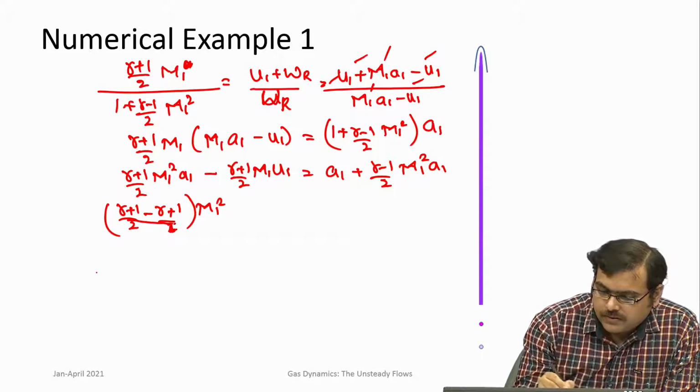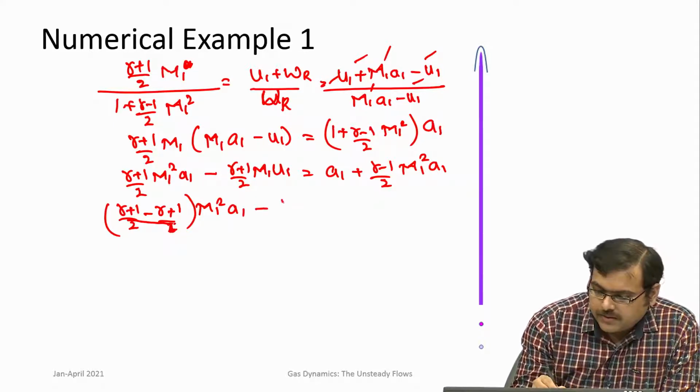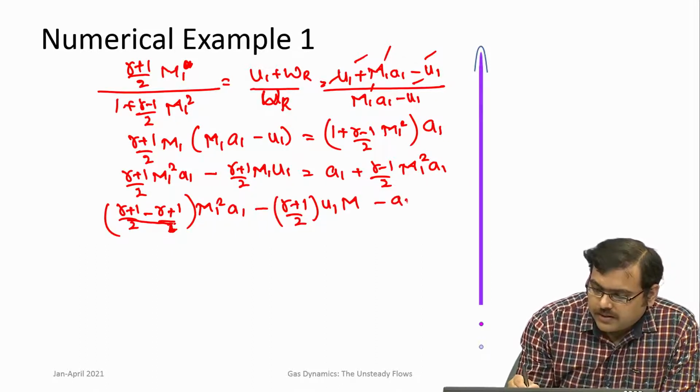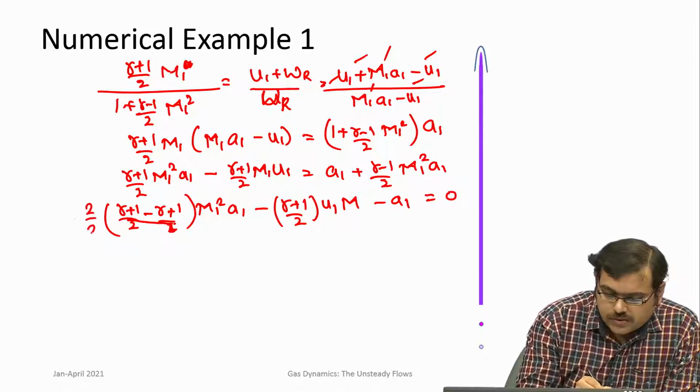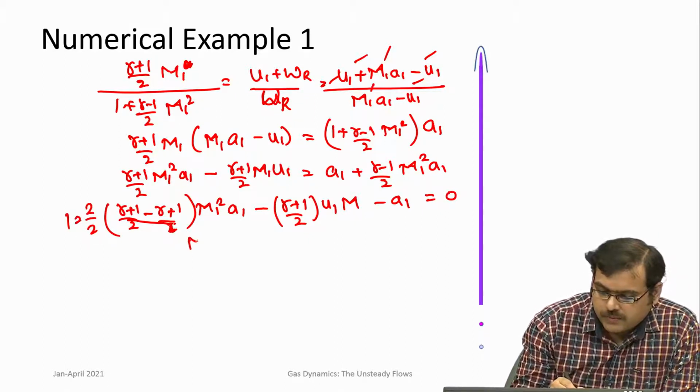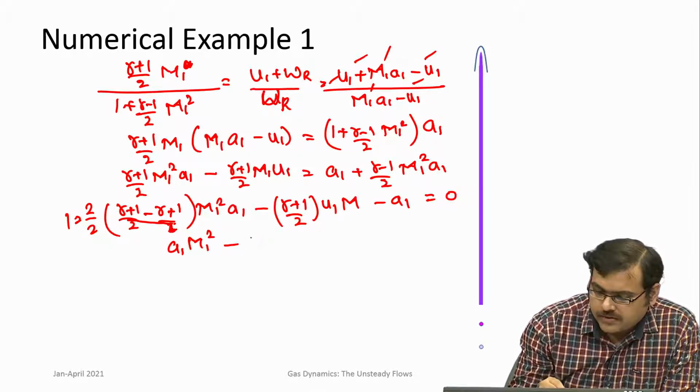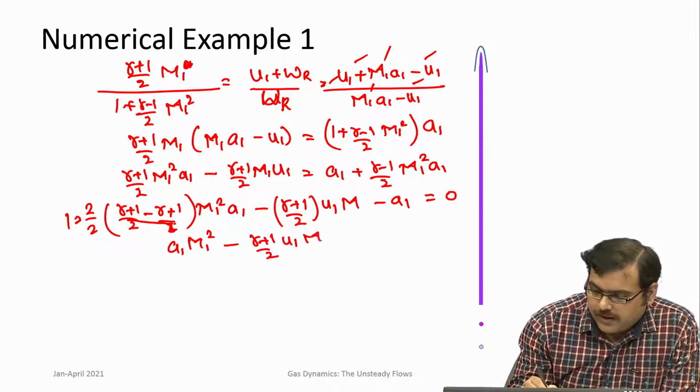So a1 minus (gamma plus 1) by 2 u1 m1 a1 equal to 0. So this is 2 by 2 is equal to 1. So we get a1 m1 square minus (gamma plus 1) by 2 u1 m1 minus a1 equal to 0.